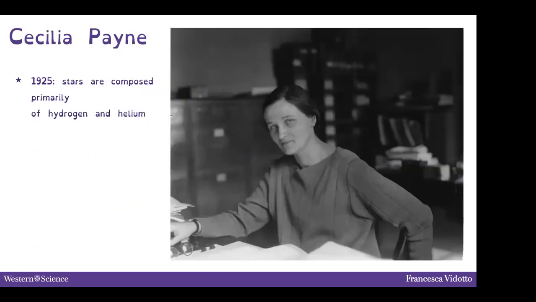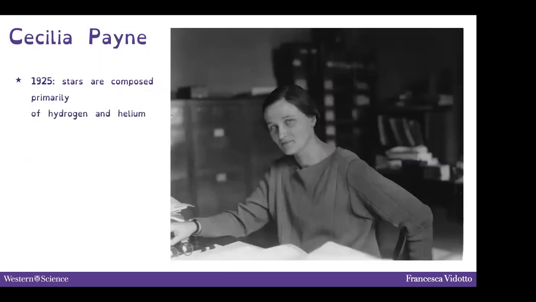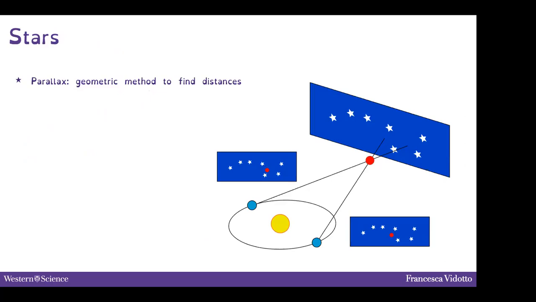So this is about how do we know what stars are made of, and the other question is how do we know how far the stars are? Well, at the beginning I showed you the picture of the universe with the solar system and all these stars around us.